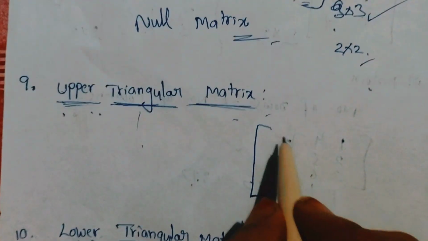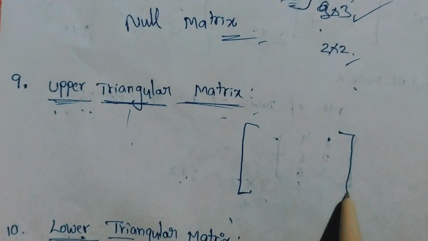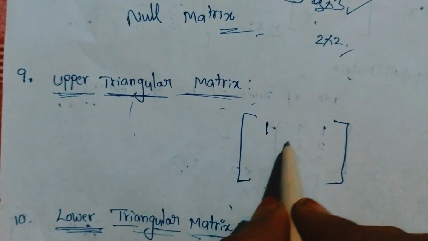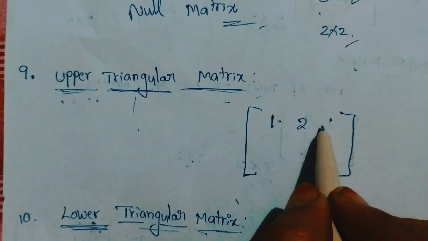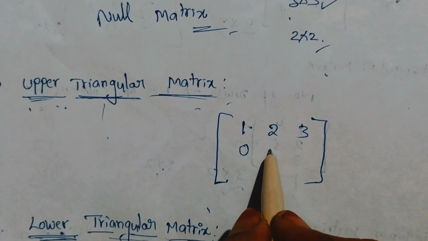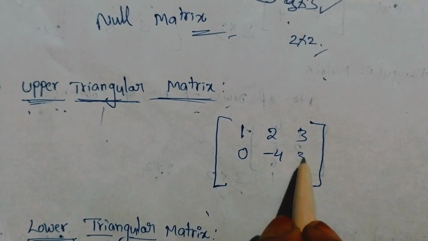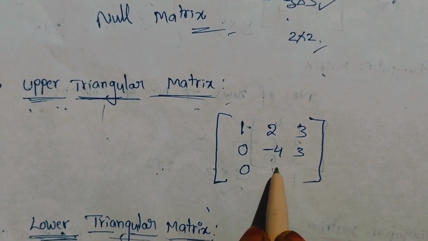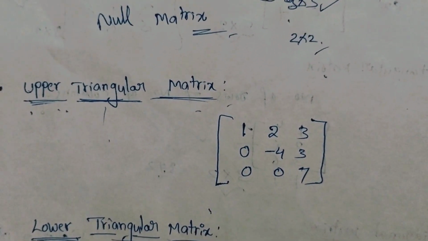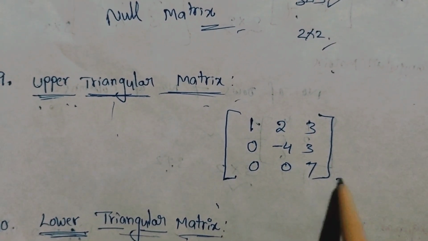Here I form one matrix as 1 2 3, 0 minus 4 3, 0 0 7. Here we observe this is clearly a 3 by 3 matrix.